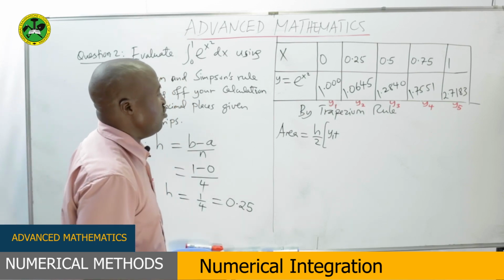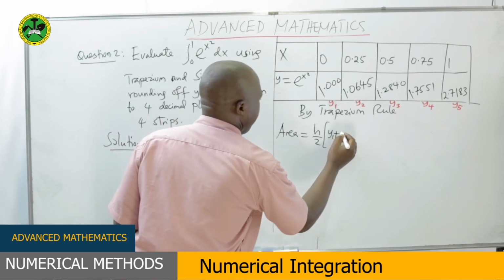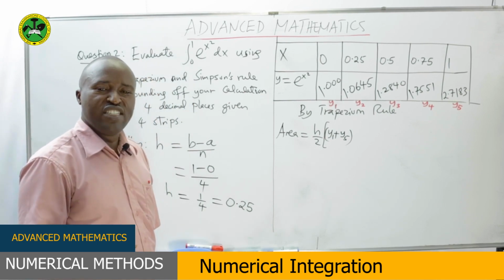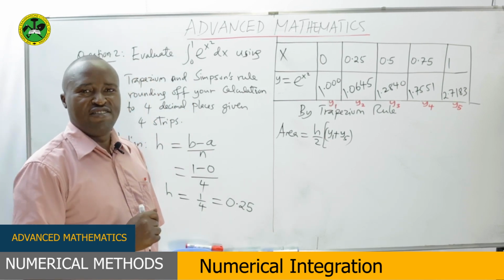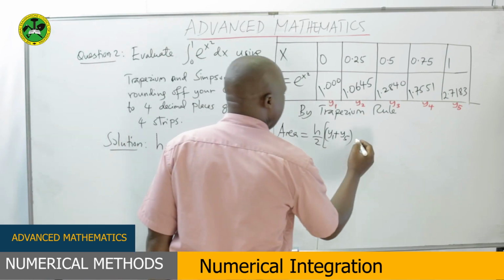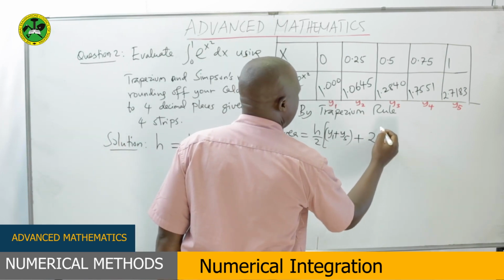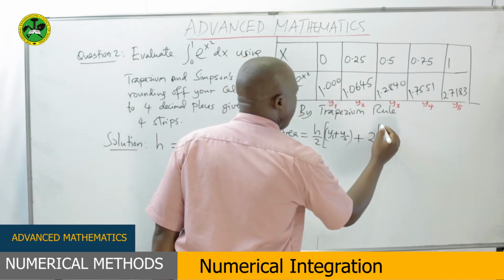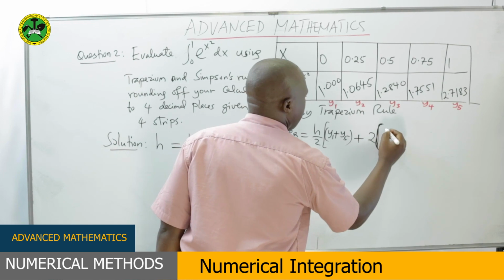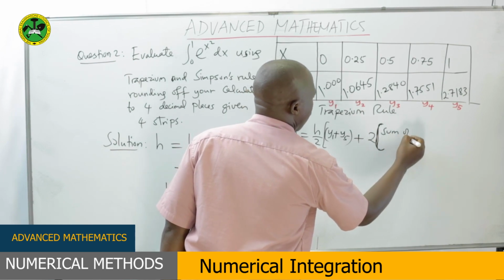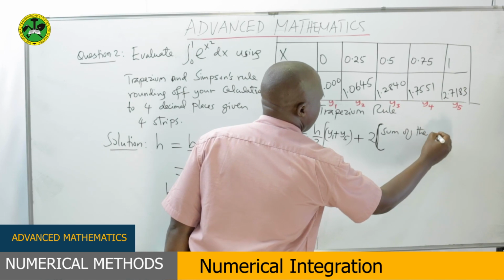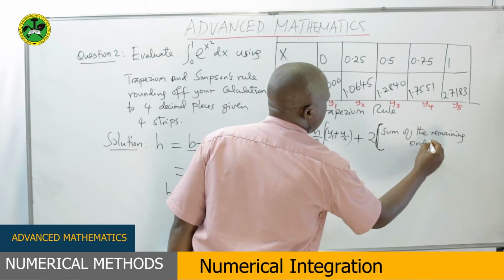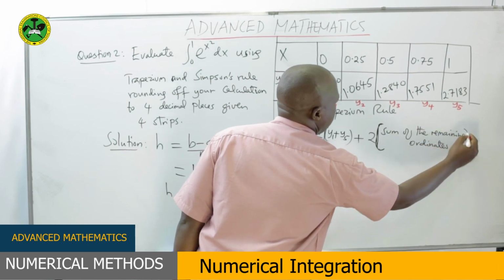So in this case, we have y1 plus y5 because we are taking the first ordinate plus the last ordinate. Then followed by twice the sum of the remaining ordinates.